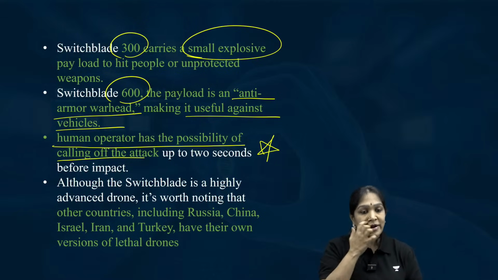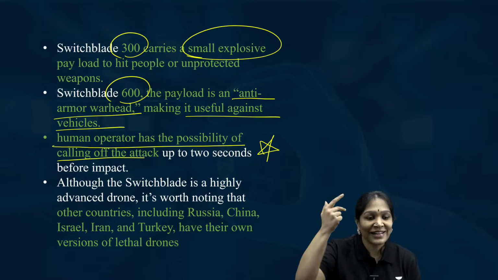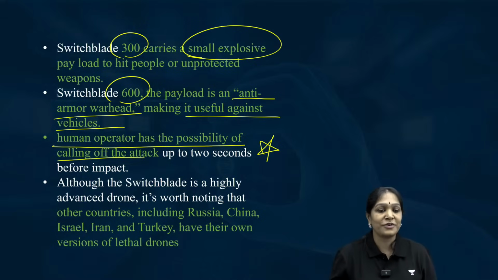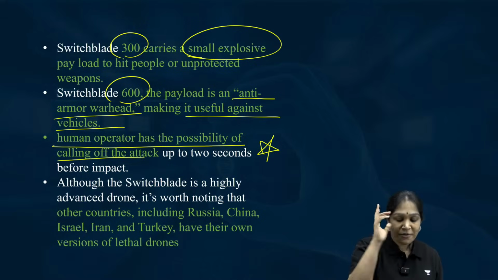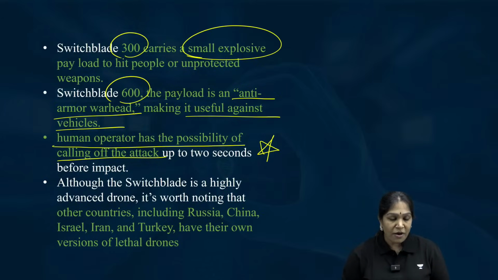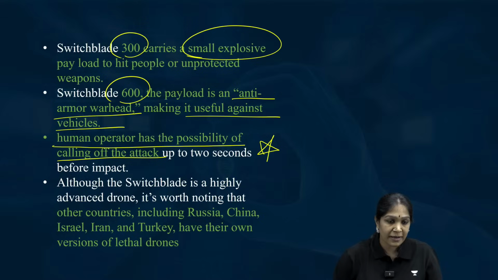Or for example, you thought it was a military tank, but just 2 seconds before it attacks, you understood that it is an ambulance, not a military tank. Then you can call off the attack, even 2 seconds before.